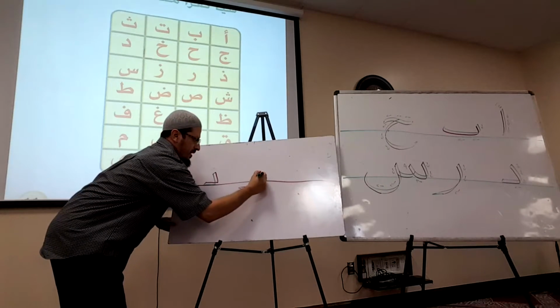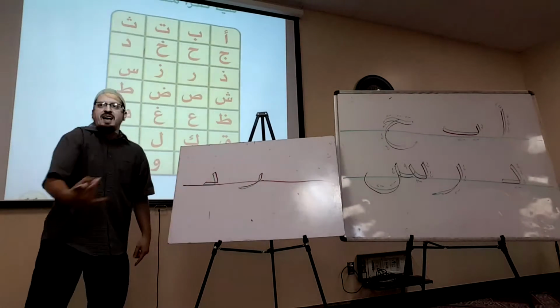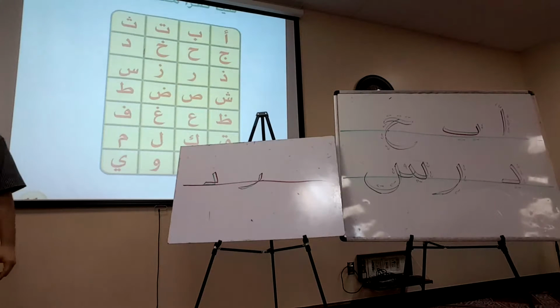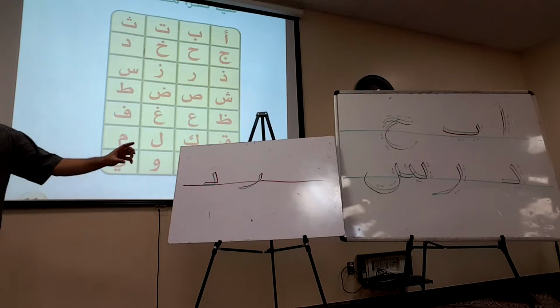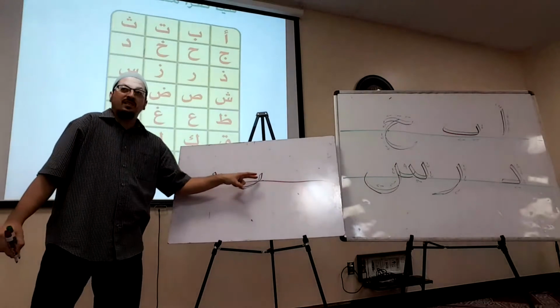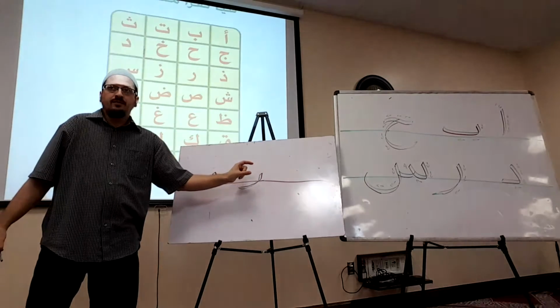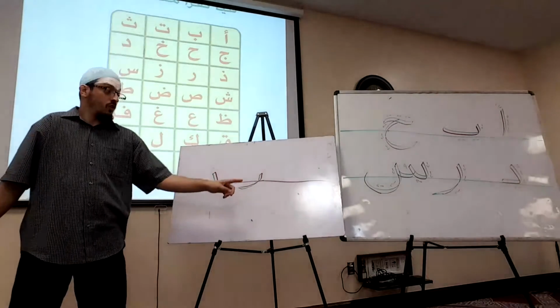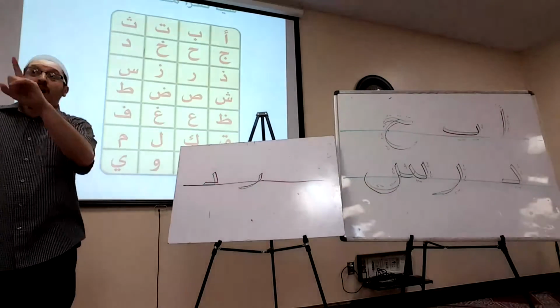That is a ra, and this is a dal. It's smaller on top. This is the same size as the ba.